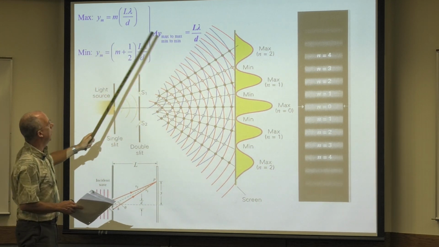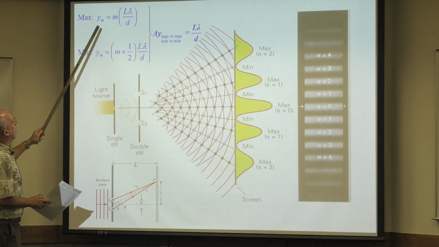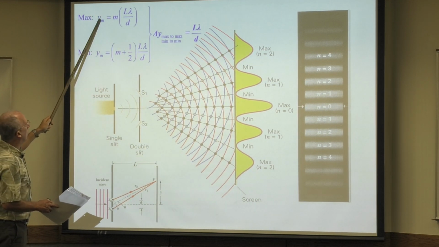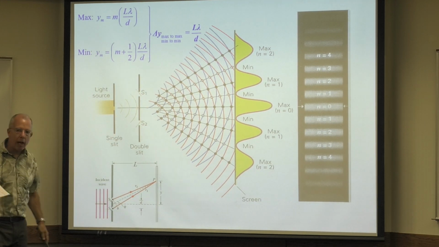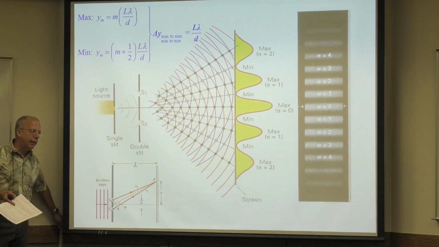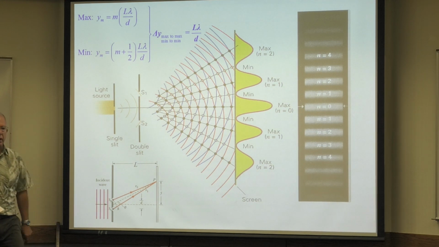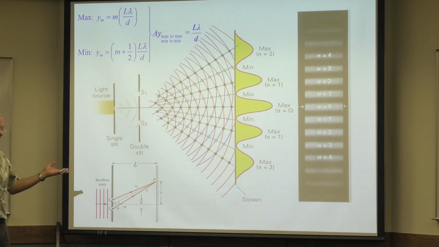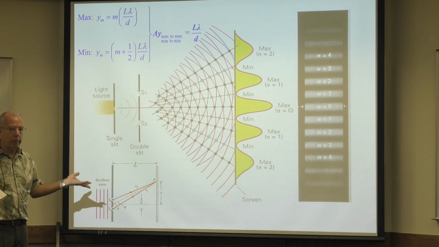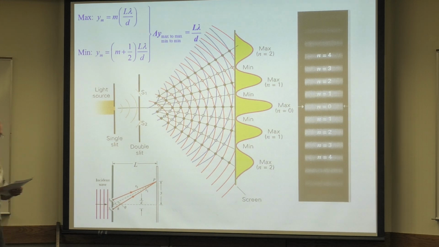If you can measure the y's and the L's and the d's and you know the m's, you can actually calculate the wavelength of light. That's incredible. Remember what I said the wavelength of light was, like the size of a bacterium or something like that? So you can experimentally determine those wavelengths, which is amazing because they're so incredibly small. All right, let's quit.